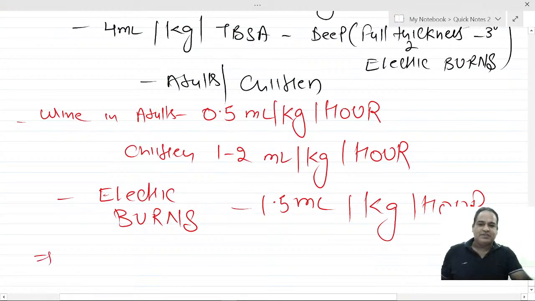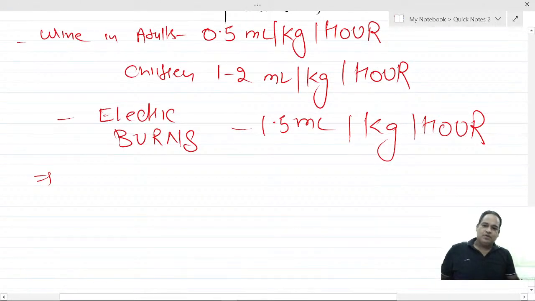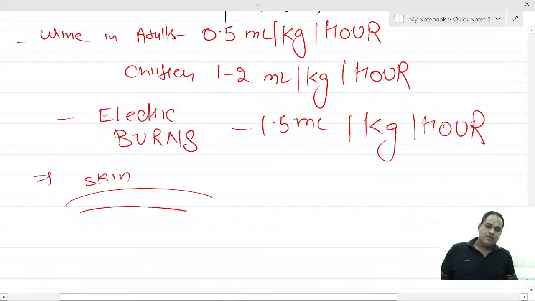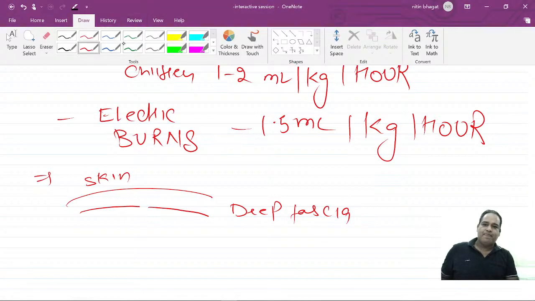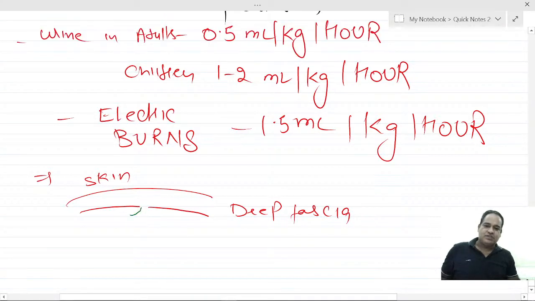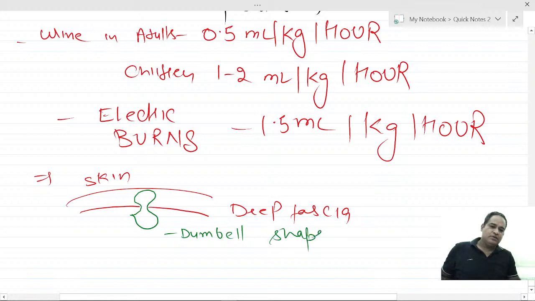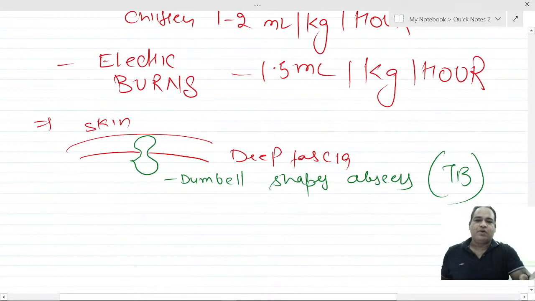Collar stud abscess. Let's say this is the skin. Let's say this is the deep fascia. This is collar stud abscess. Collar stud abscess is a dumbbell shaped abscess, typically seen in tuberculosis.